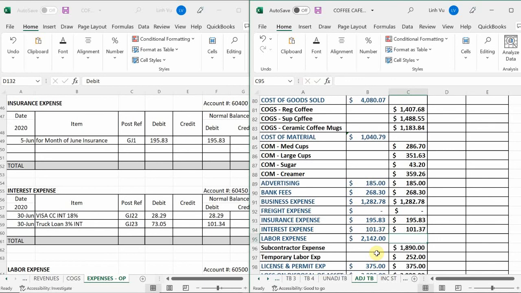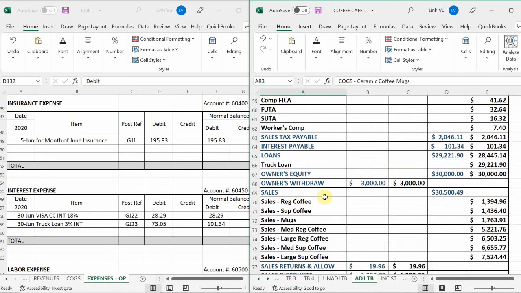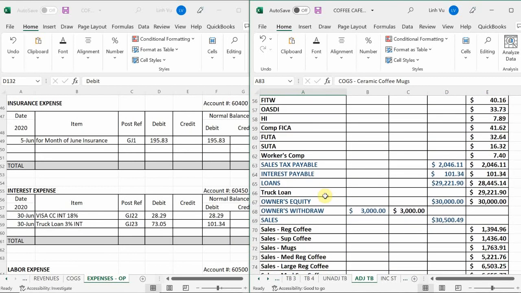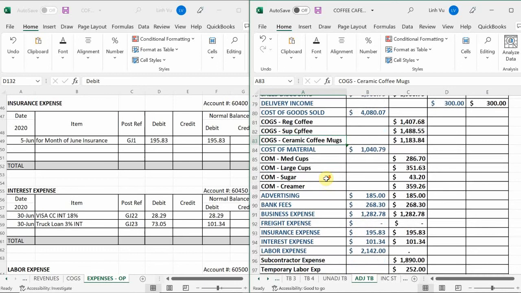Hold on. What did I type in for my payable? Interest payable. I have 101.34. Okay, never mind. Okay, 101.34.